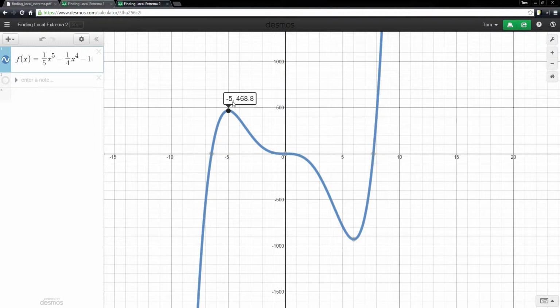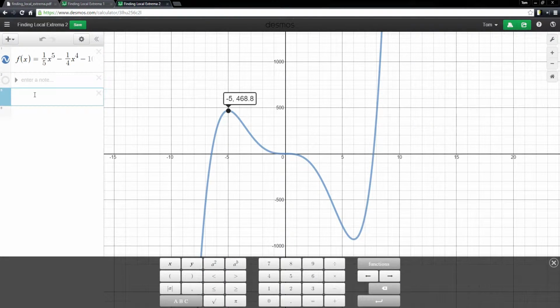Again, if they ask you for the local maximum value, you would plug -5 back into the function, f of -5, and you'd get 468.75. If they're asking you for the values, which they might on the quiz because they give you f, then you would just plug that in there.